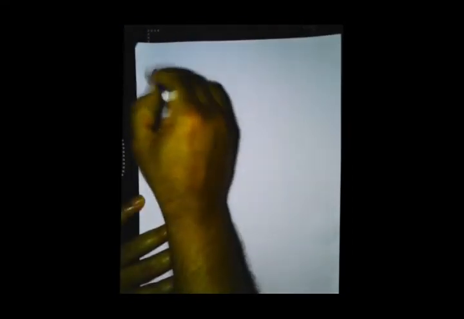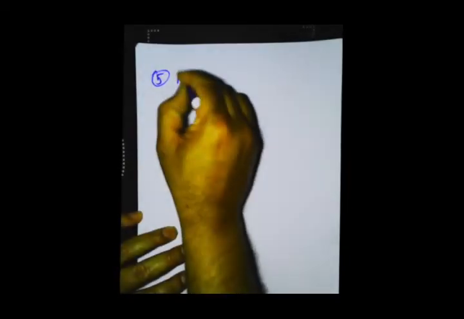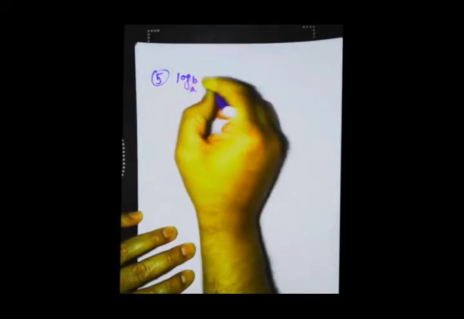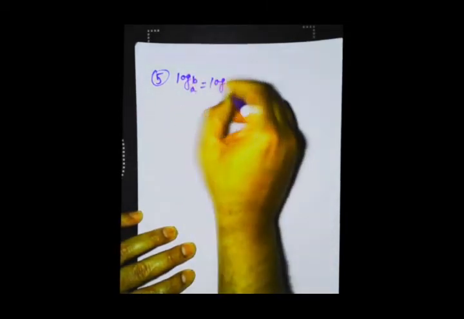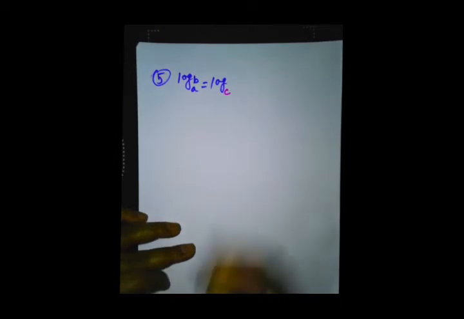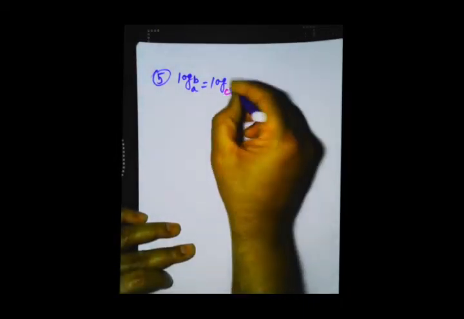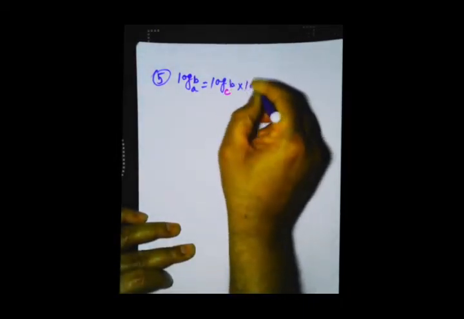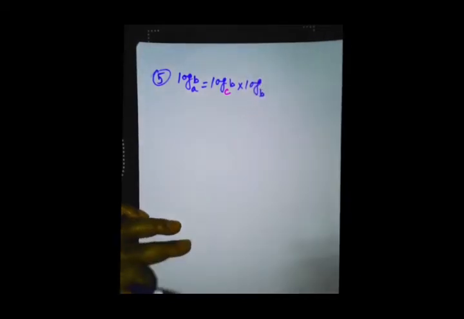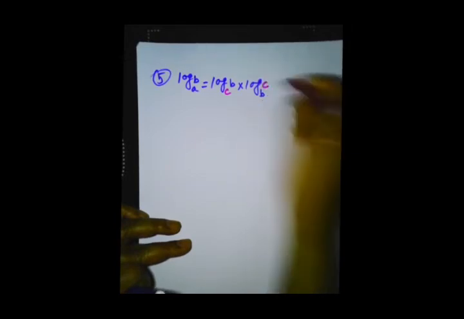You can see another property also, and this is one of the laws. This is in fact log of any number, say b to base a, and it is found that if you introduce any number c in between b and a, you can write log at base c of b times log base b and c.